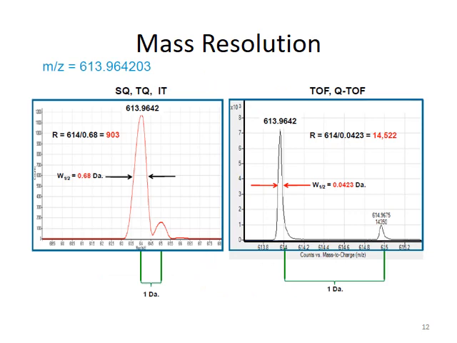Let's use this graph to understand a bit more of mass resolution. On your left, it shows a typical mass spectrum for 3 types of mass analyzers: single quadrupole, triple quadrupole, and ion trap. On your right, it shows a typical mass spectrum for the other 2 mass analyzers, TOF and QTOF.